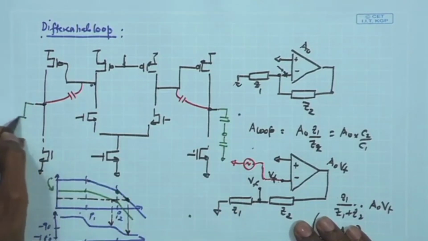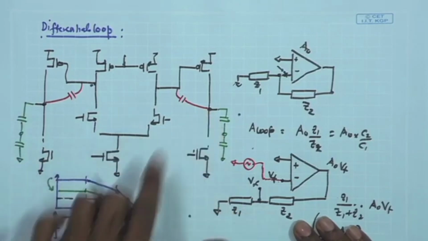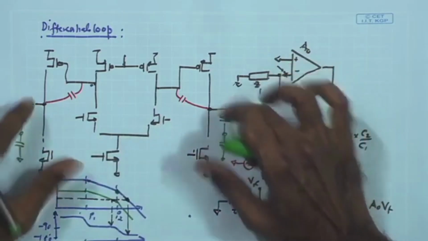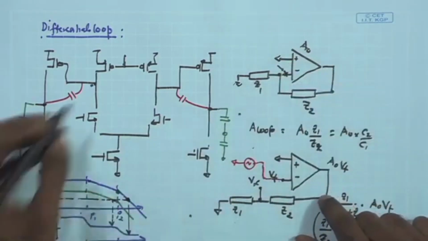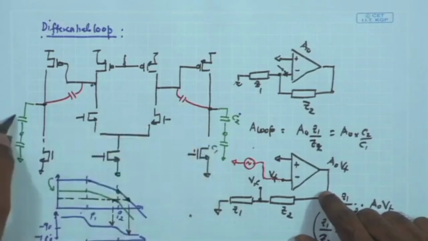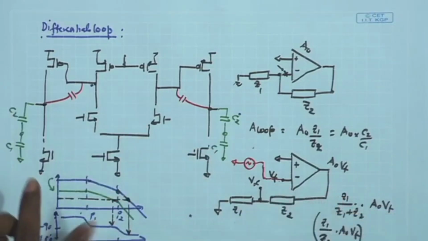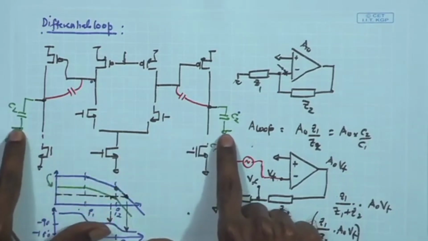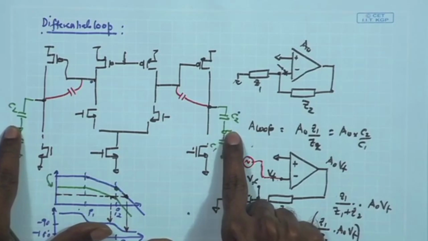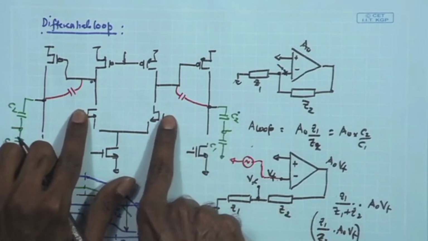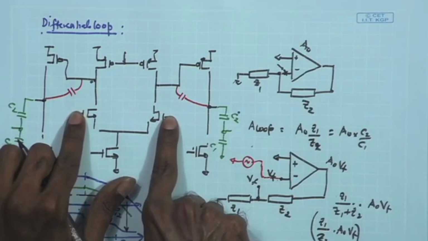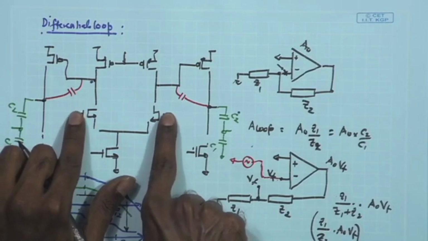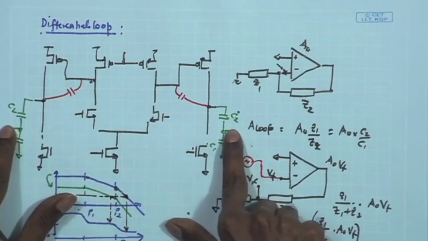So, for the fully differential operation, you have the C1 C2 both connected from the output to the ground. And you are going to observe the loop gain by checking these two signals while applying a differential input signal at these two points, and finally looking at the output signal over here.